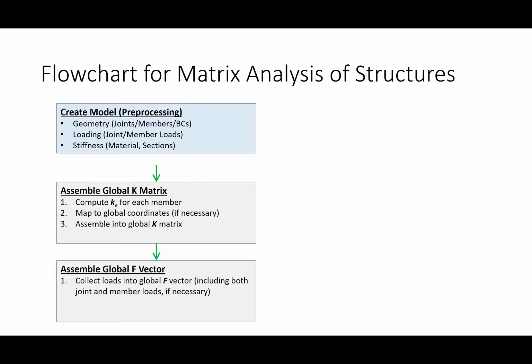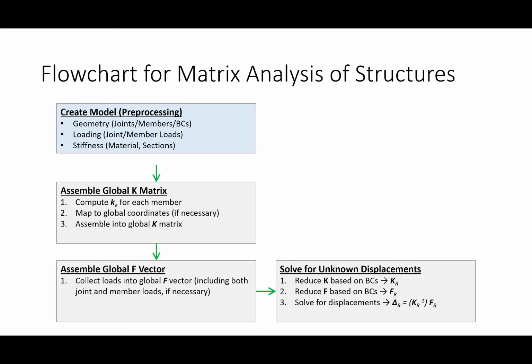So you can probably see where this is going. If step 1 is the K matrix and step 2 is the force vector, step 3 is going to be the displacements. Step 3 is solving for the unknown displacements, okay? And I'm going to show you how we're going to do that.